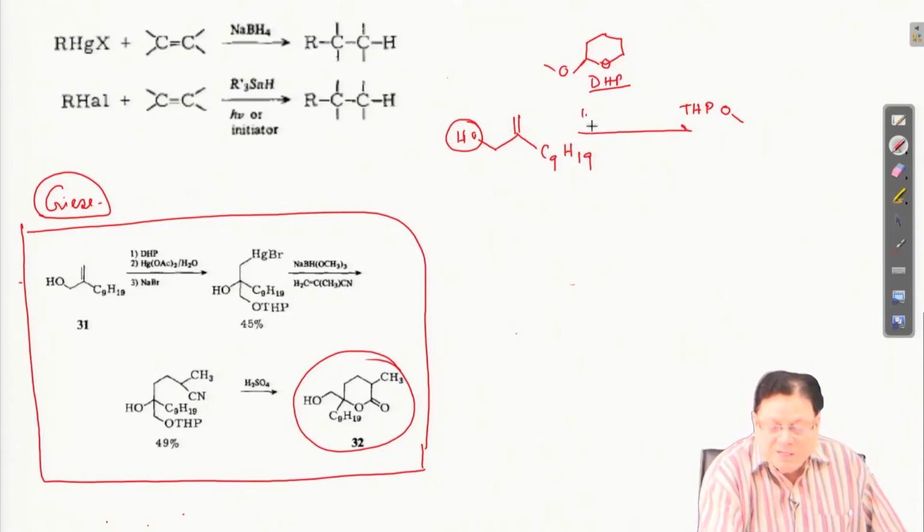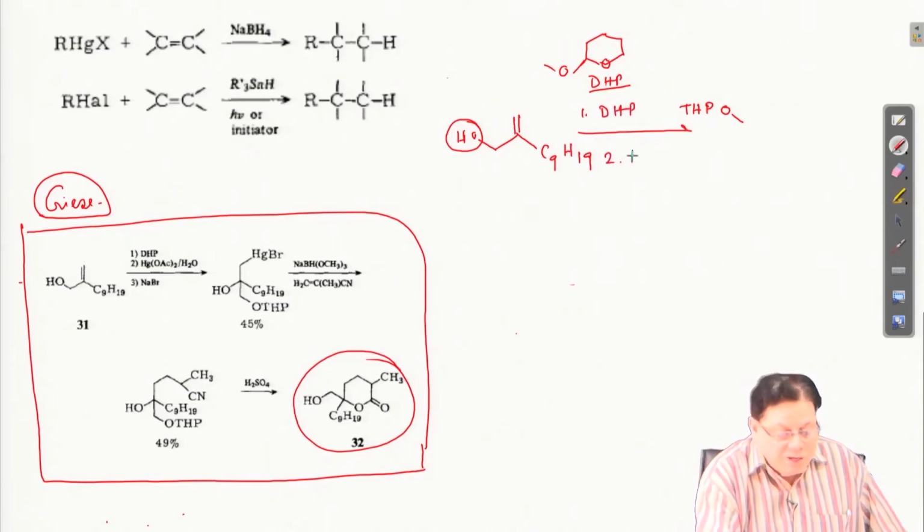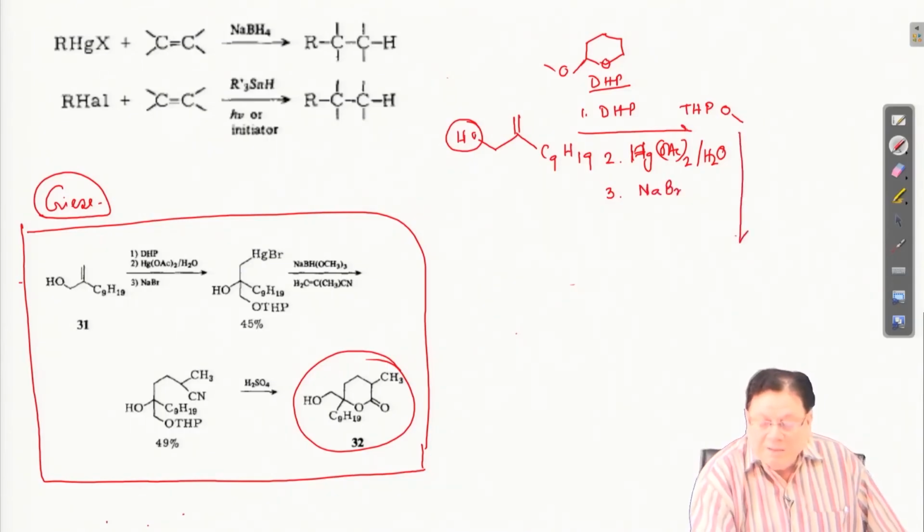The first reagent is DHP, the second reagent is Hg(OAc)2 and water, and the third one is sodium bromide. So, what happens here?